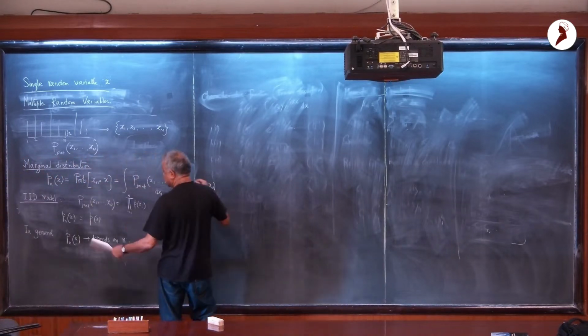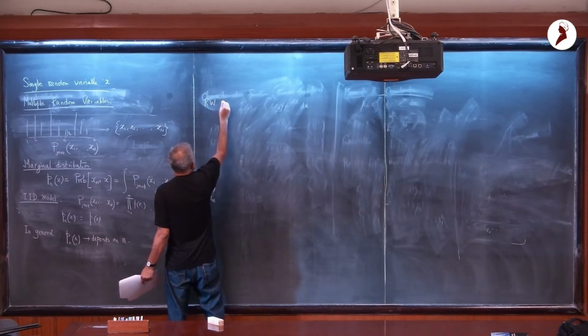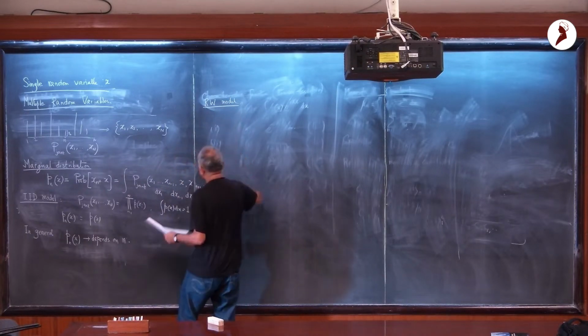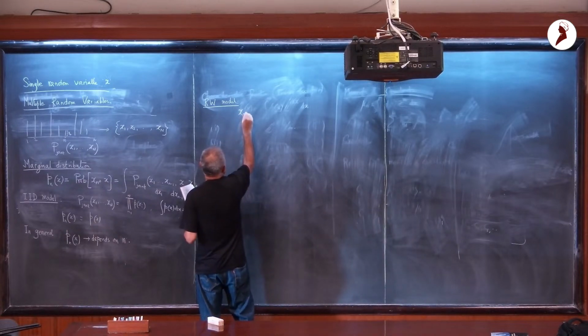So this is as an example. Let's consider our second model that we will work out in detail. This is the random walk model. Just to remind you, random walk again.